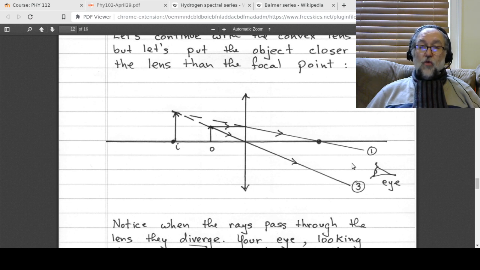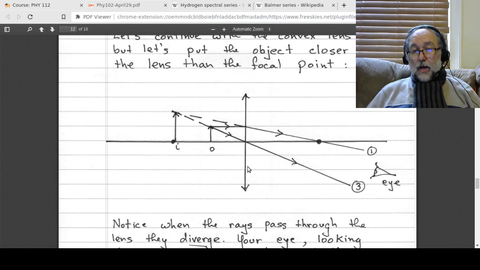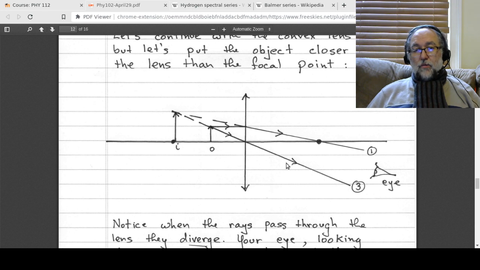All right, where's the image formed? Well, imagine that you have a human eye here, and the human eye is looking through the lens behind it. It wouldn't see the object directly. It would see the object, but with its rays bent by the lens. And so as far as the eye is concerned, it looks like ray 3 is coming from, keep going back, keep going back.